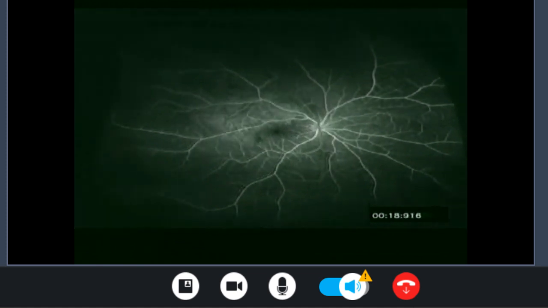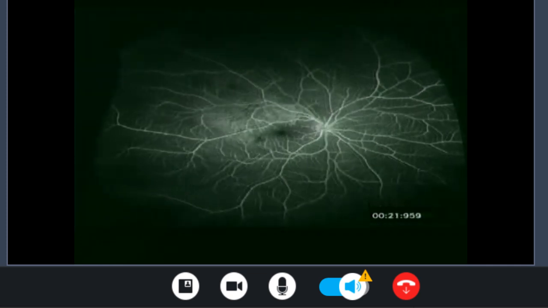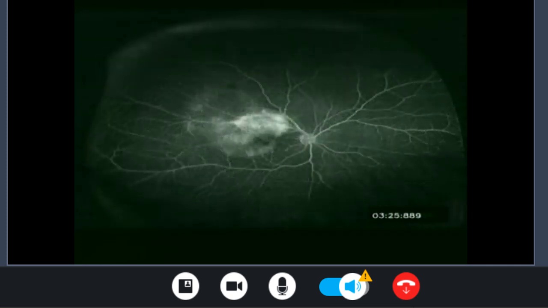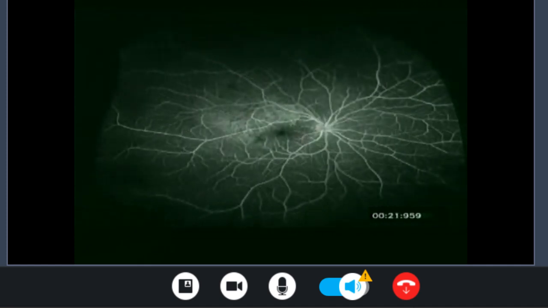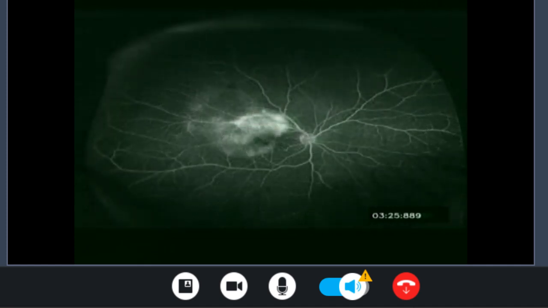As we progress in the FFA, we see staining, or I mean an increase in intensity. So it shows the staining: early hypofluorescent, then late hyperfluorescence.